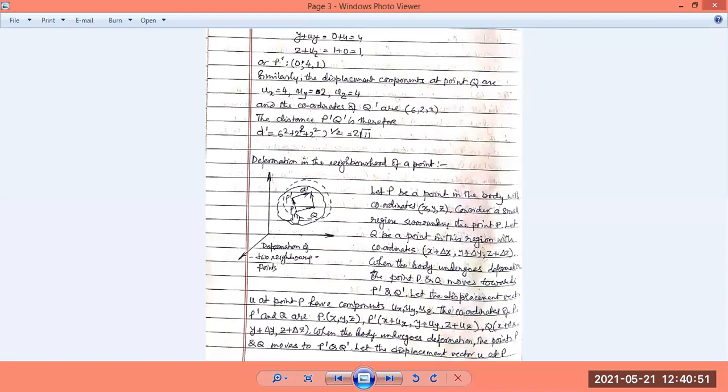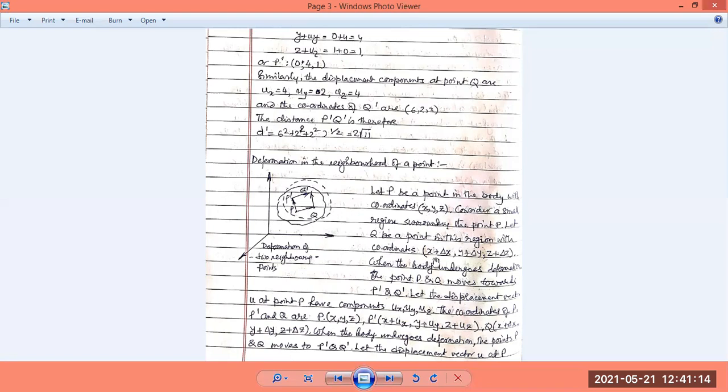First of all, this is our body in its original configuration, and this is the position of the body after deformation itself.